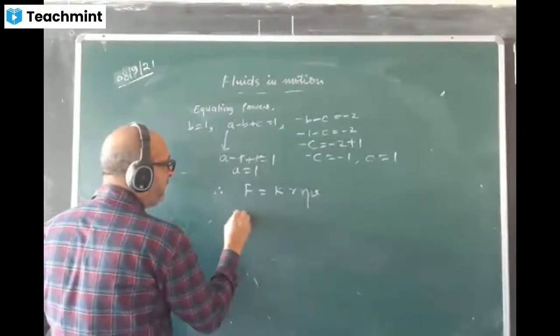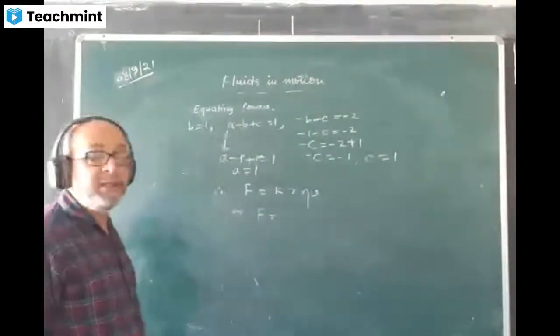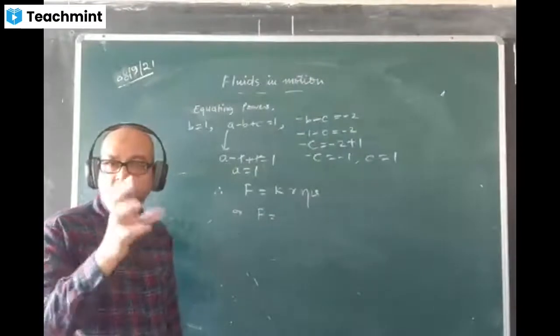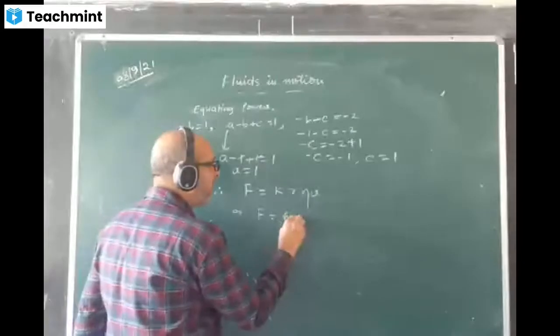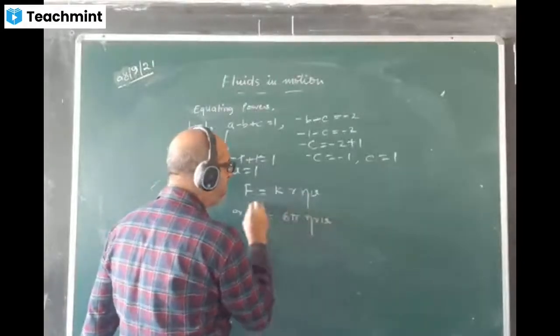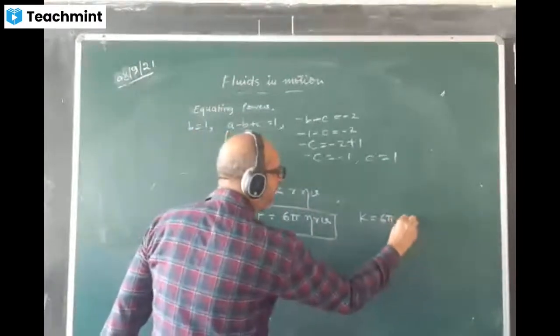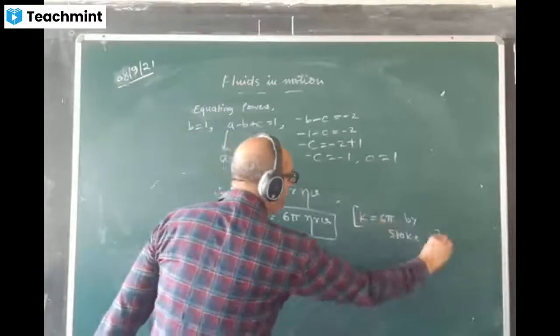Or we can write like this, F is equal to K, eta, R, V. The scientist Stokes, on the basis of experiment, found the value of K for a spherical object comes 6 pi. K value is 6 pi, and this is the formula. Make a note here in brackets.